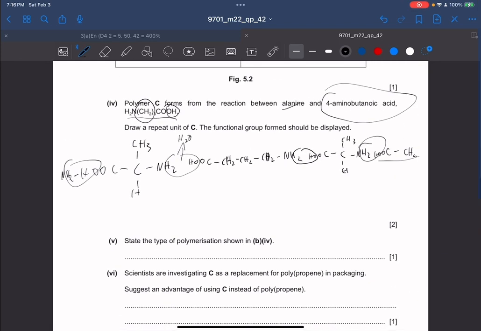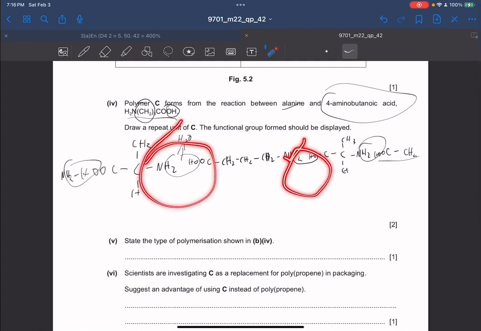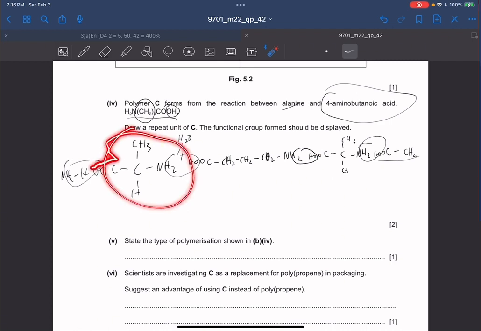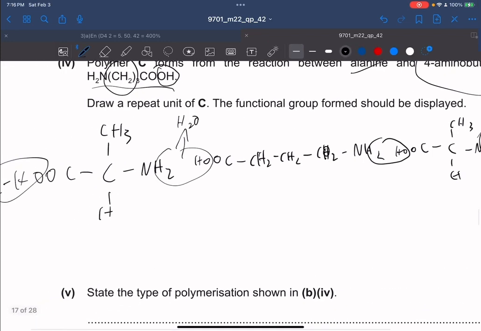You have to find the repeat group. Repeat group is a unit which repeats itself. If you notice, there's a pattern of COOH connecting with NH2. This time it's from the alanine. This time it's from the, what's it called? From the 4-aminobutanoic acid.